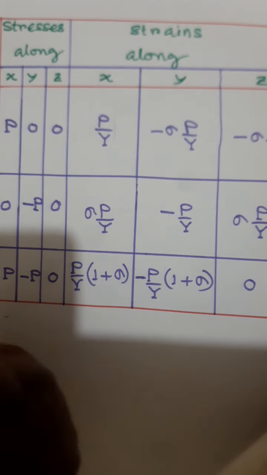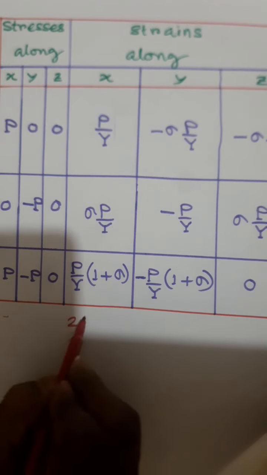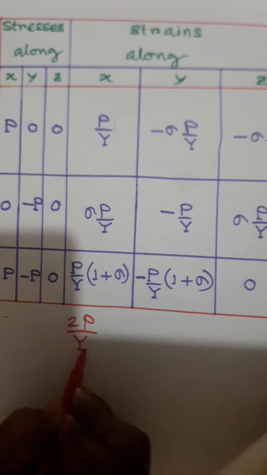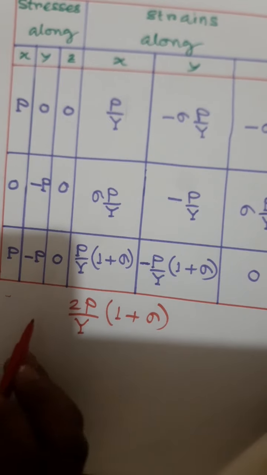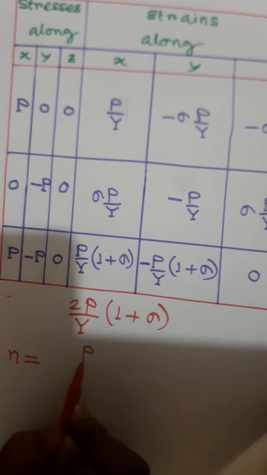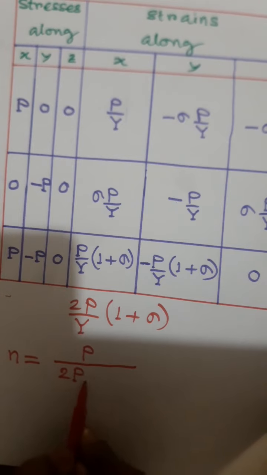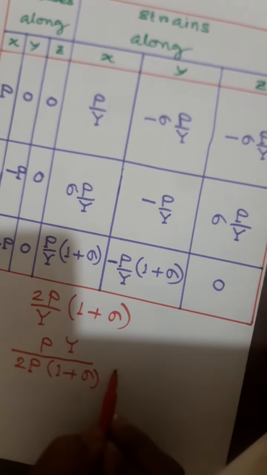Therefore, the shear strain will be twice P by Y into 1 plus sigma, and the modulus of rigidity n equals shear stress P divided by shear strain twice P by Y into 1 plus sigma, that is Y by 2 into 1 plus sigma.